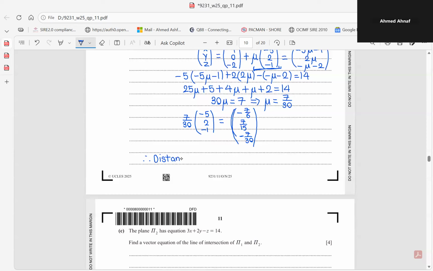So just use your Pythagoras theorem and find the magnitude of this vector.